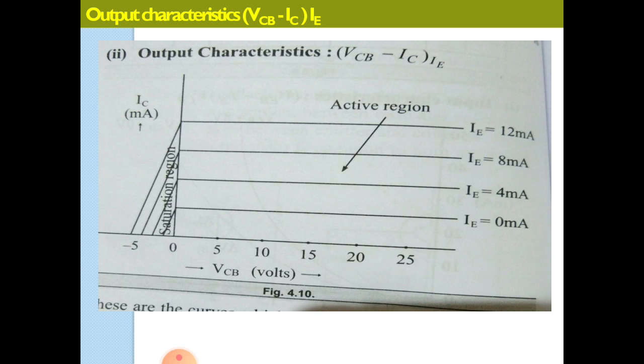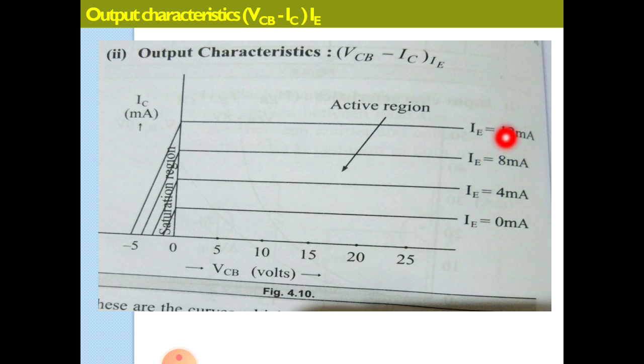Now, the second characteristics curve is the output characteristics, and this depends on the output voltage, output current, and the input current. Here the input current IE is kept constant.